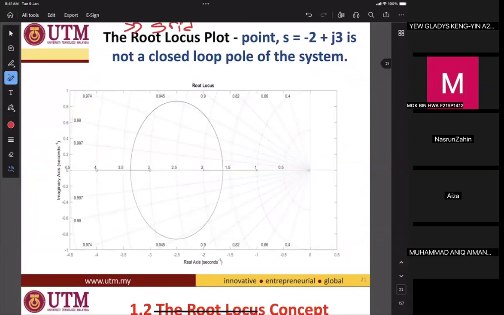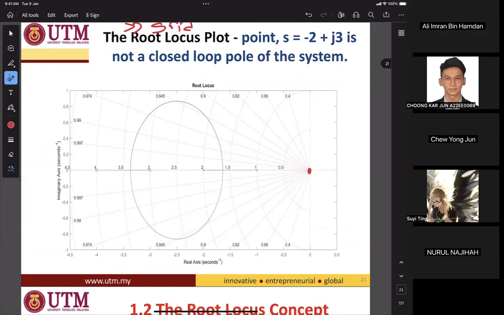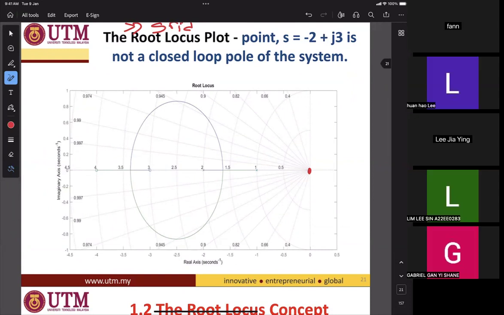So what is this point? Aiza, what is this point? Ali Imran, what is the name of that point?